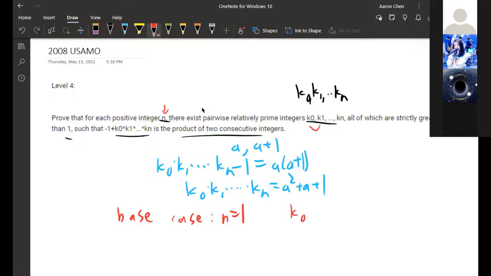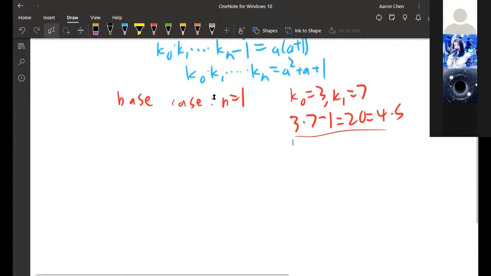So if you let k0 be 3 and k1 be 7, then 3 times 7 minus 1 is equal to 20, which is 4 times 5. And so this is one possible pair for the base case.